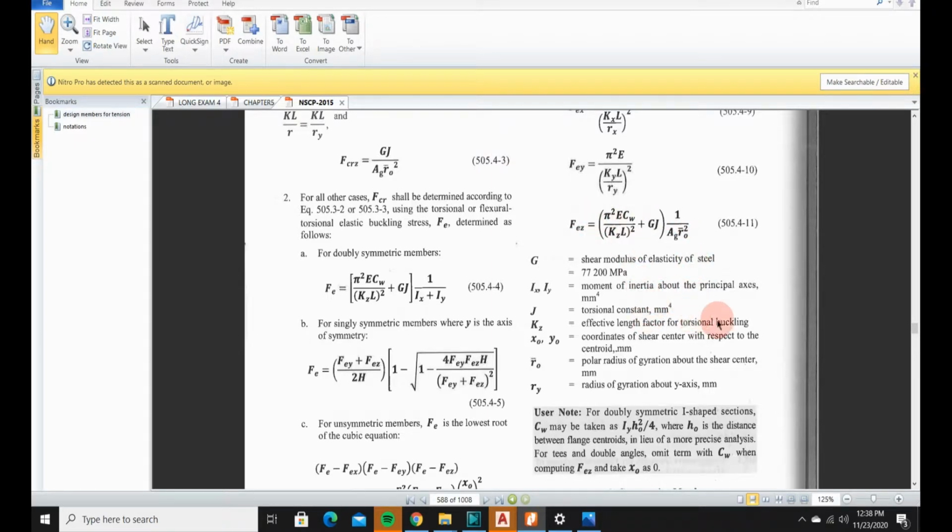And it has an important note here that for T's and double angles, omit the term with Cw when computing the elastic torsional stress, and take the coordinate x as 0. So we will substitute Cw with 0. So let's try to substitute and see what's the value.